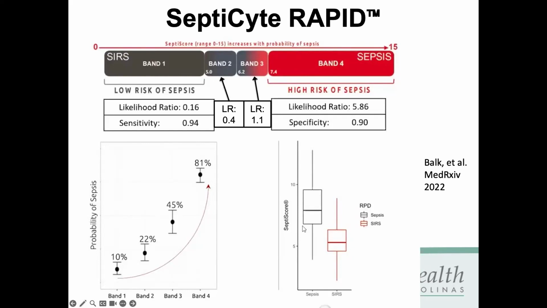In the bottom left, you see some of the initial data from the Septicyte Rapid, where the relative probability of sepsis increases not linearly with increasing score and thus increasing band, with good discrimination in the bottom right between sepsis and SIRS.